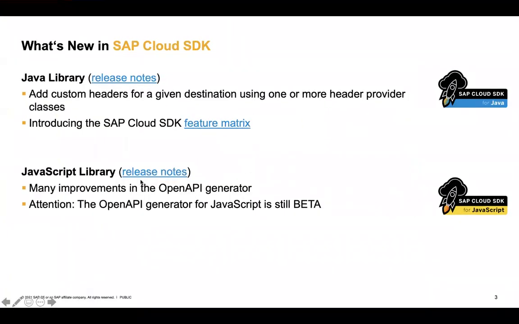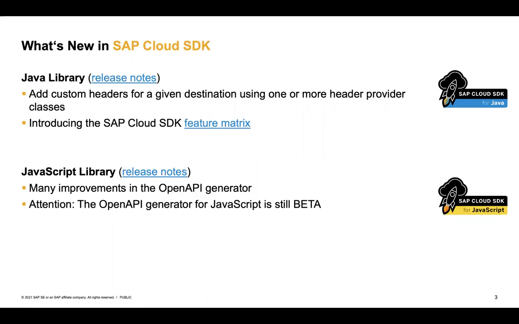On the JavaScript side, we are working hard to bring our OpenAPI generator to a final state where we can declare it stable. Currently, it's in beta state, so beware. If you have JavaScript, you can already play with it and try out different things.